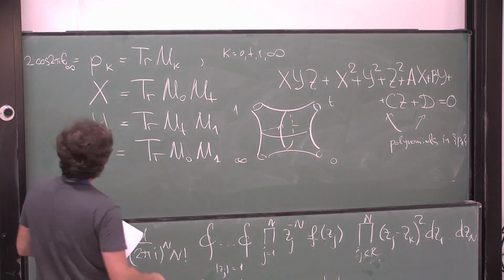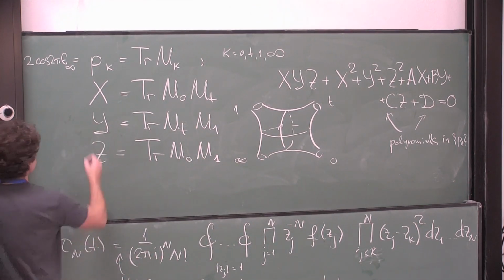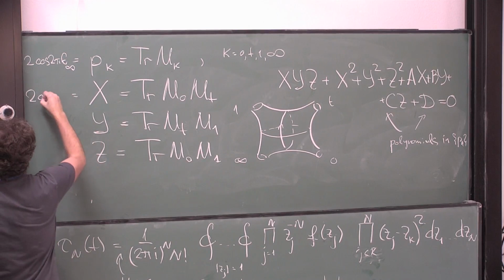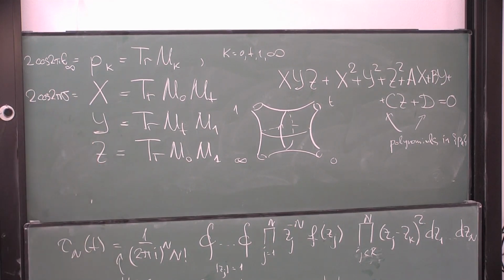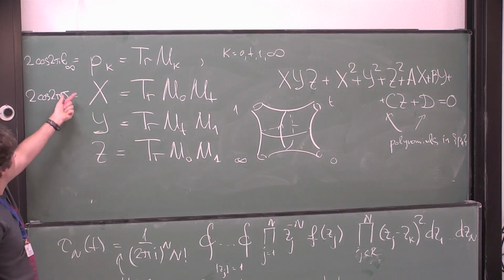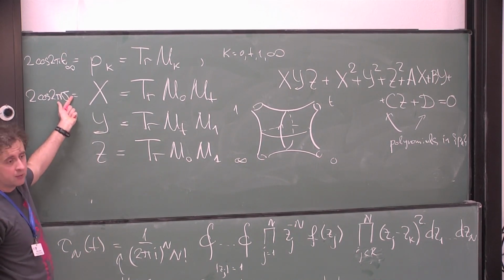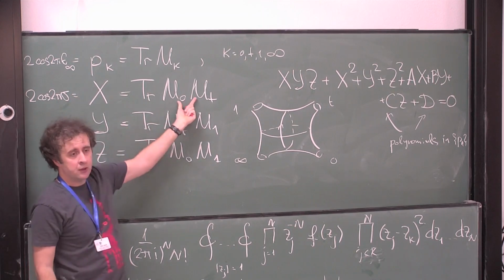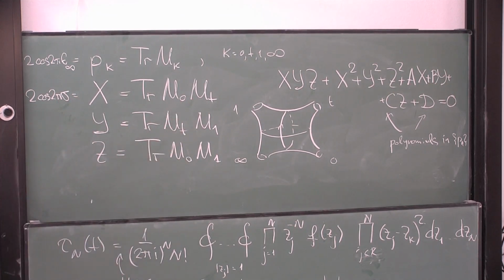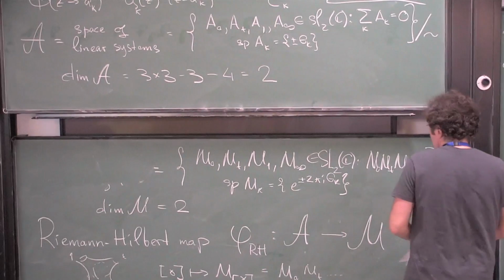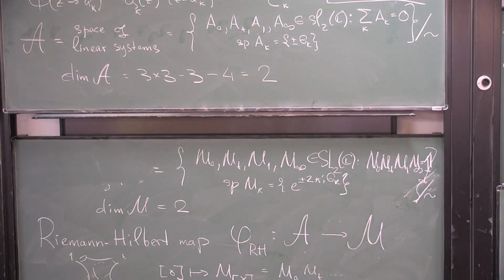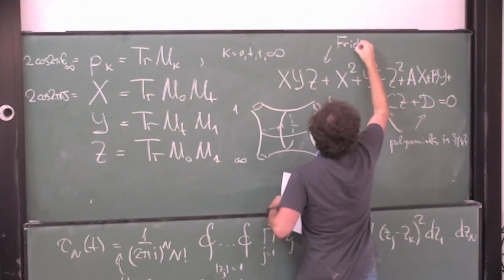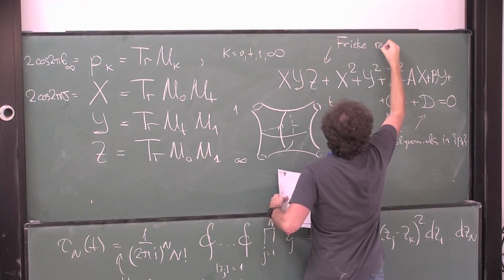Right, and now let me introduce a special notation for x. So this sigma will be the composite monodromy exponent parameterizing the eigenvalues of this product. And so now if we look closely at this relation, by the way, this is called the Fricke relation.